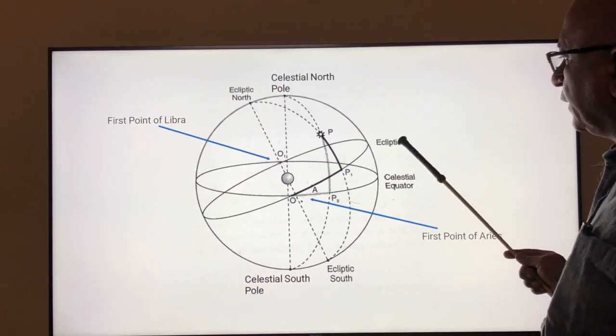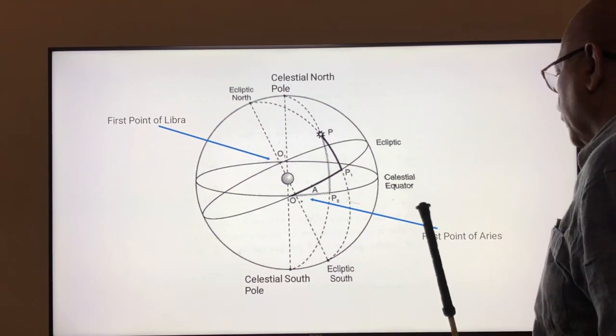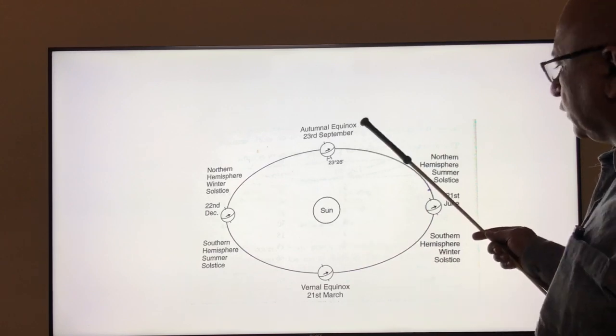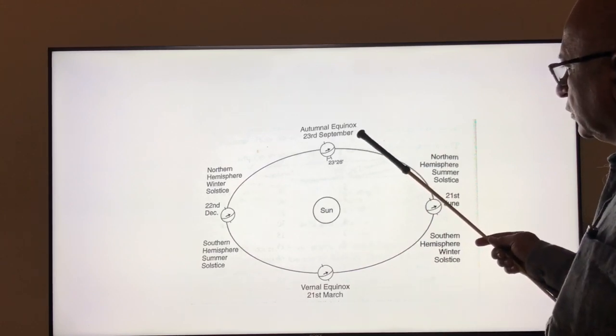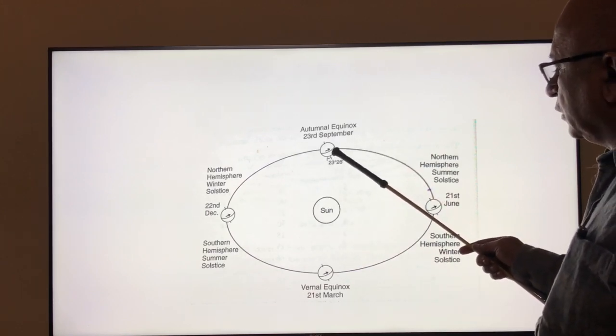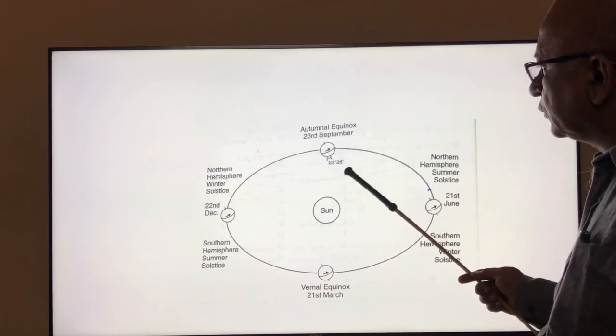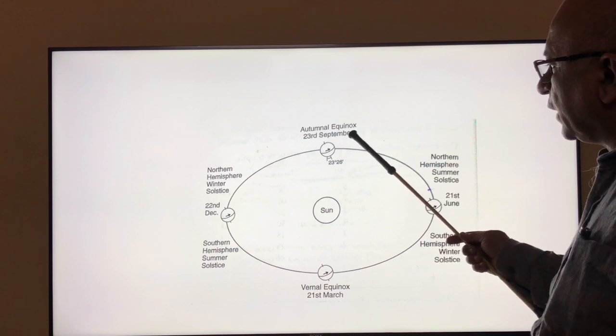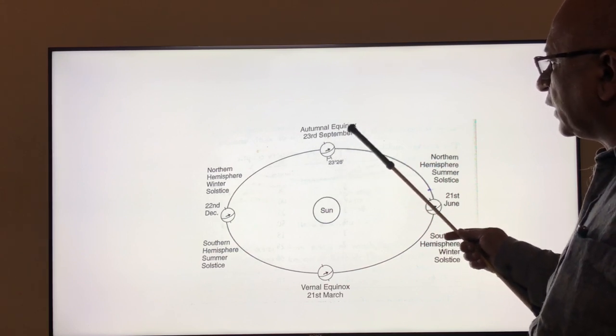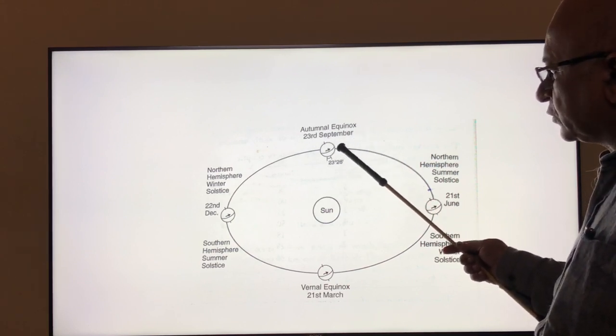Similarly, when they are moving towards 23rd September, the celestial equator and ecliptic intersect at this date, and the autumnal equinox starts.